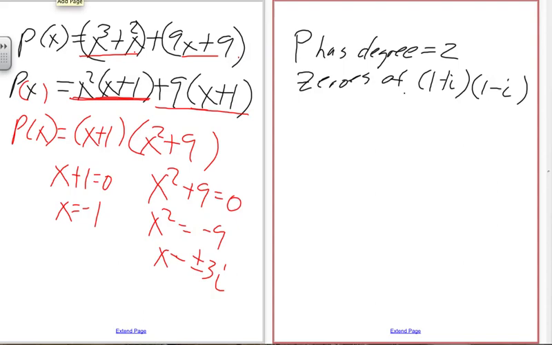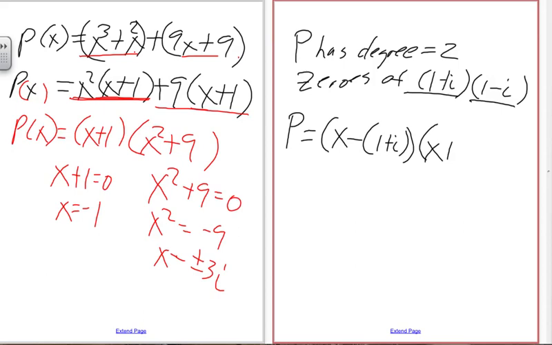Okay, well, here are your factors. So we're going to do P equals x minus 1 plus i times x minus 1 minus i.